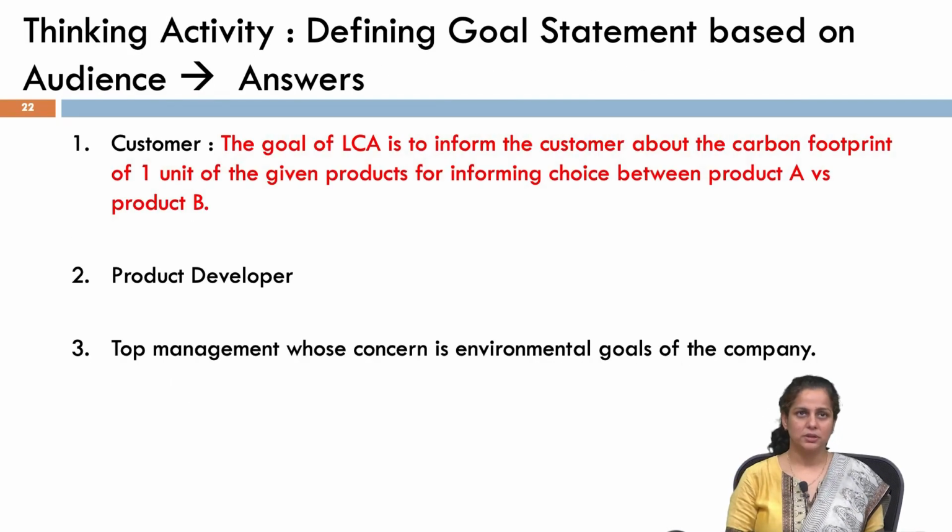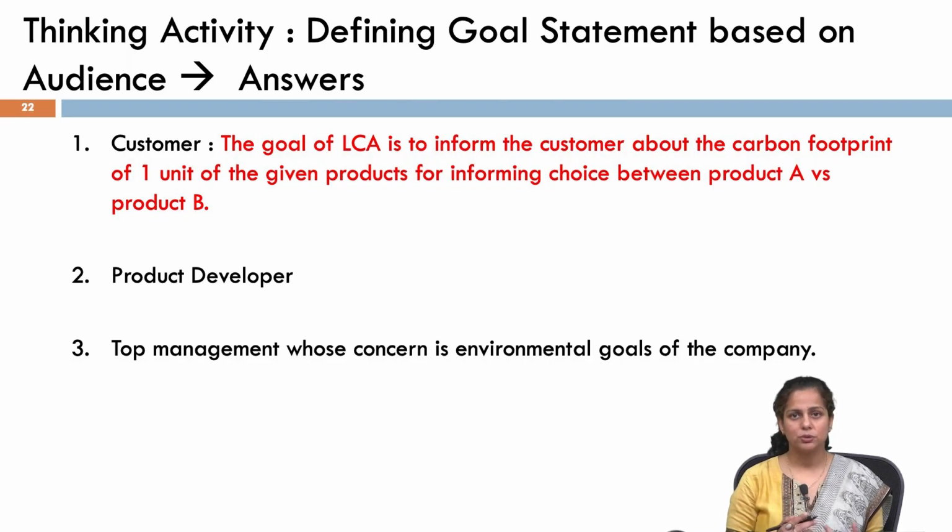So, for the customer, the goal of LCA is to inform the customer about the carbon footprint of one unit of the given products for informing choice between product A versus product B. So, product A versus product B could be a paper cup which is made of recycled paper, or a paper cup which is made of raw material derived from some forest.